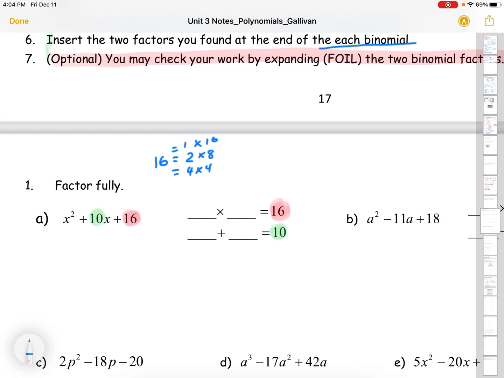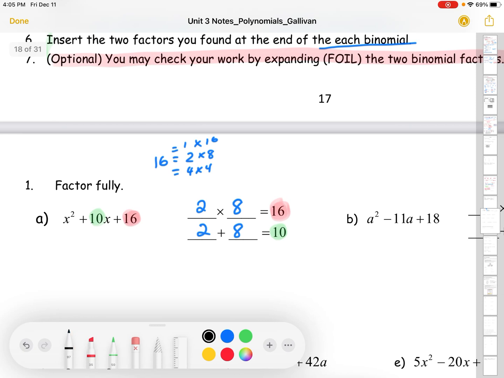So looking at those factors of 16, are there two factors that add up to 10? And lo and behold, there are 2 and 8. 2 times 8 is 16, and 2 plus 8 equals 10. And you're saying, okay, yeah, sure, miss. What do I do now?